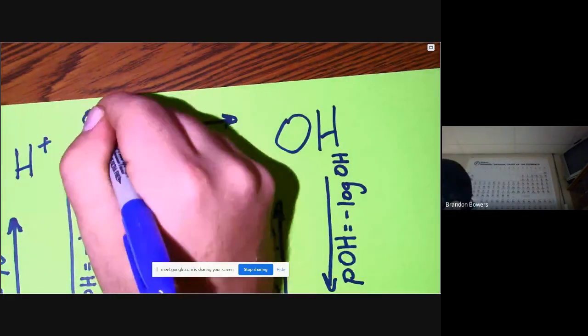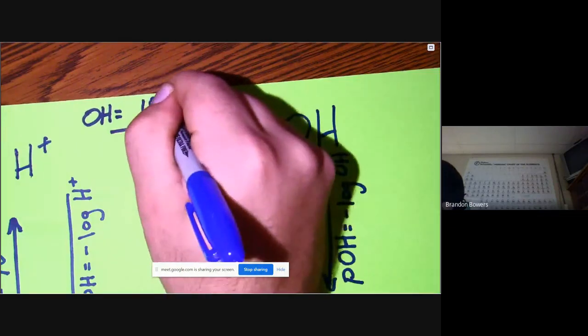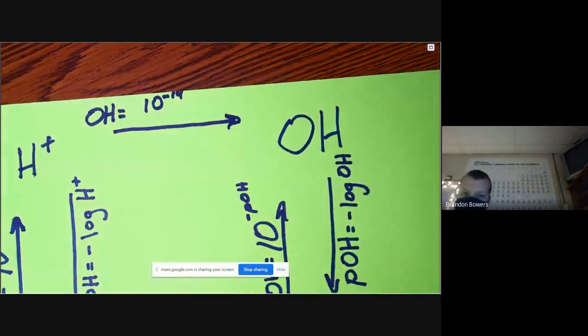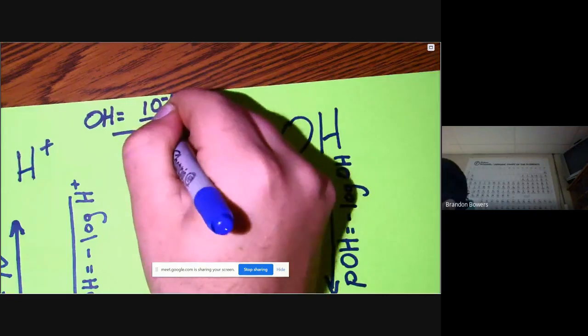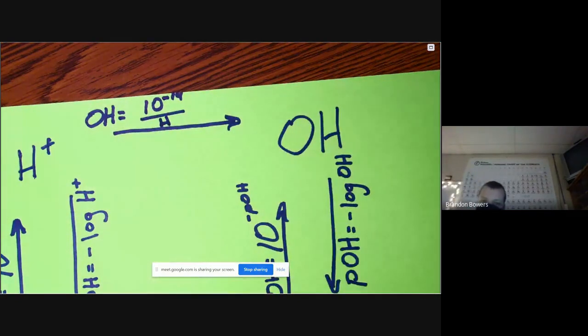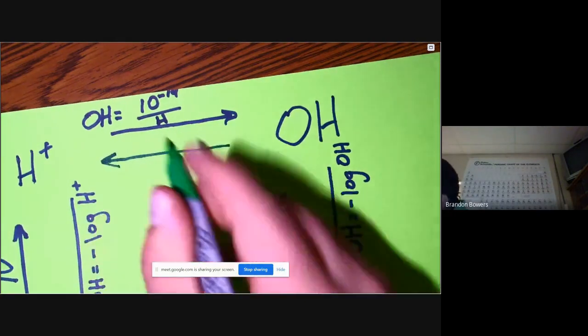OH is going to equal 10 to the negative 14th power divided by your H. 10 to the negative 14th power divided by H. Now going backwards, very similar.